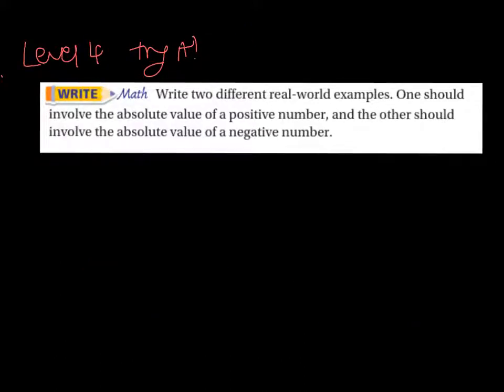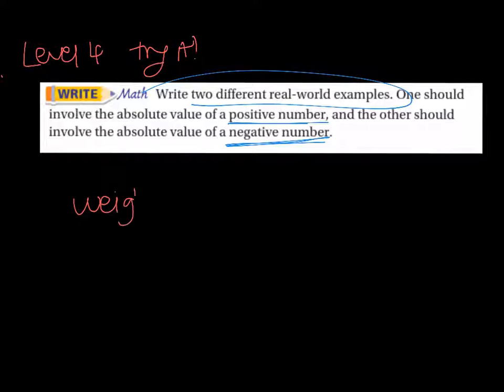Okay, last problem. You need to write two different real-world examples. So you're going to share two examples on the Chromebook. One should involve the absolute value of a positive number, and the other should involve the absolute value of a negative number. For example, we have seen an example with the weight for dogs.